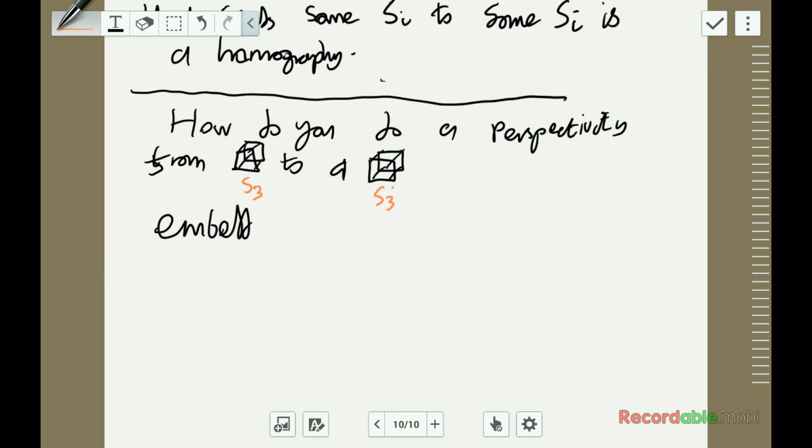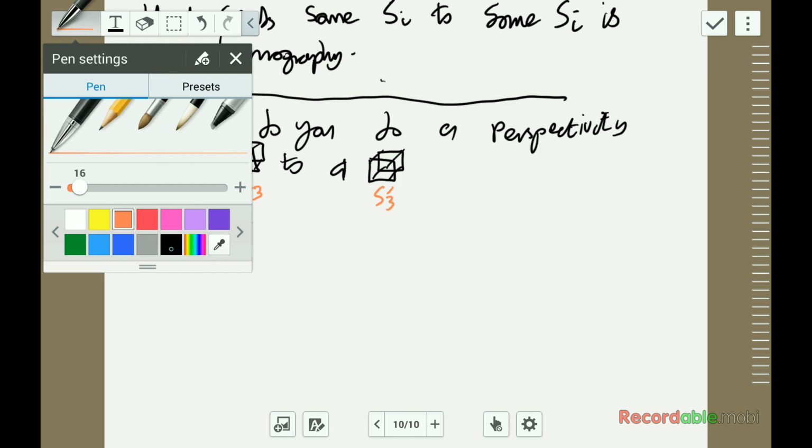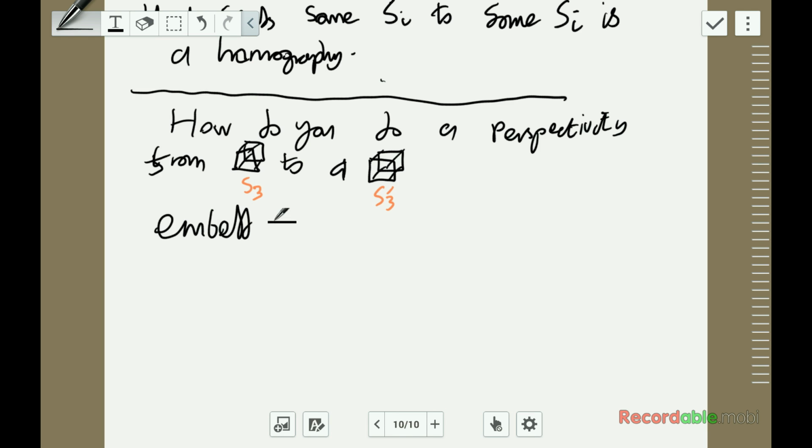Well, S-3 perhaps. It could be different. So we're going to embed S3 and S-3 in S4. We're going to set R equals 4. Our ambient space is now going to be four-dimensional.